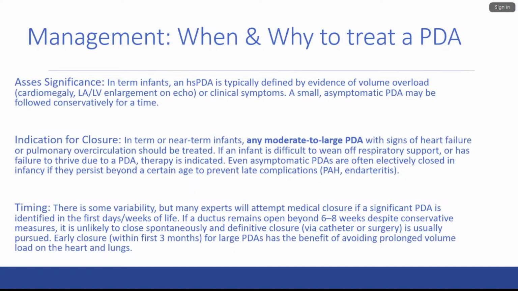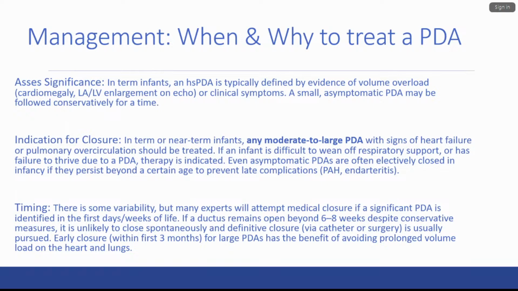Indication for closure is in term or near-term infants when any moderate or large PDA with signs of heart failure or pulmonary overcirculation should be treated. If the infant is difficult to wean off respiratory support or has failure to thrive due to a PDA, then therapy is indicated. Sometimes even asymptomatic PDAs are electively closed if they persist beyond a certain age, to prevent late complications of PAH or endarteritis.